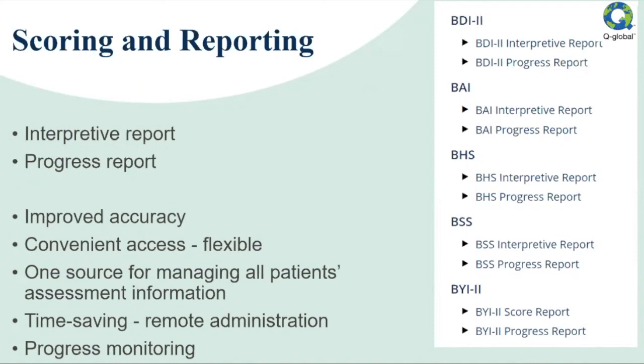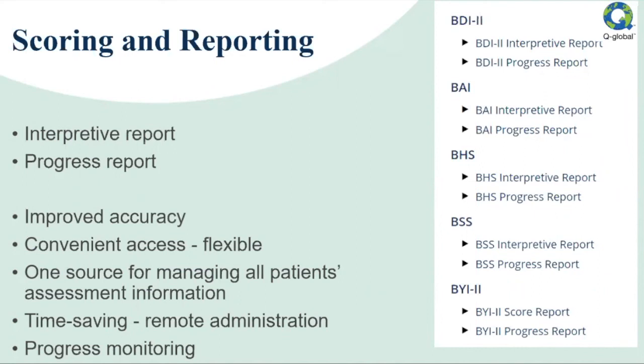You also get a paragraph of text interpreting the results, and the endorsed items along with the ones that have been answered and selected by the examiner are also provided. The progress report is designed for monitoring an examinee's progress over time and is provided at no additional charge.